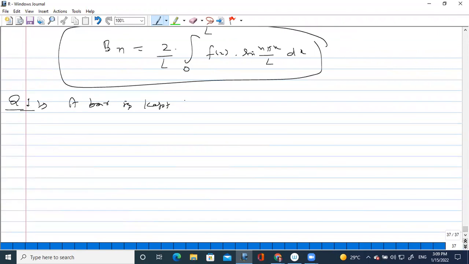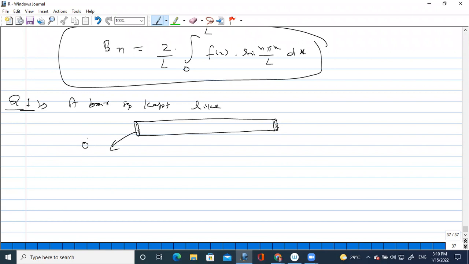Okay, so a bar is kept because here the solution is different from there. Everything is different, so you cannot apply it. So a bar is kept like this, and these are the two ends of the bar.